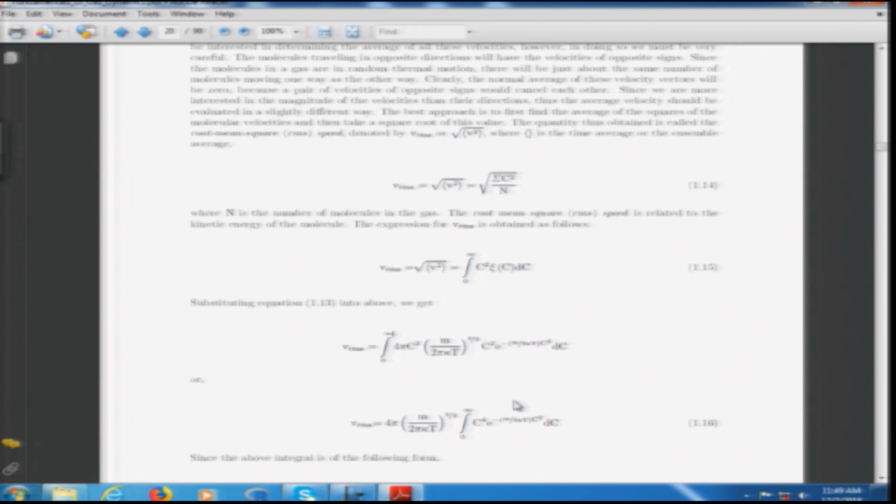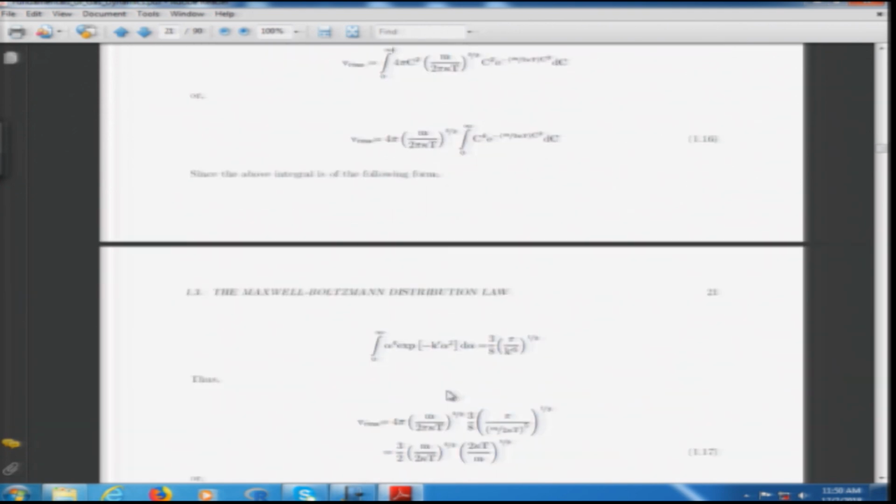Taking it out of the integral, the expression becomes Vrms is equal to 4 pi in the bracketed term, and then the integral from 0 to infinity of c to the power 4 e to the power minus m by 2 kt c square dc. This integral is of the following form.